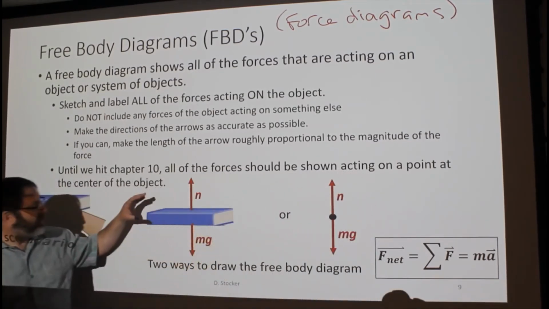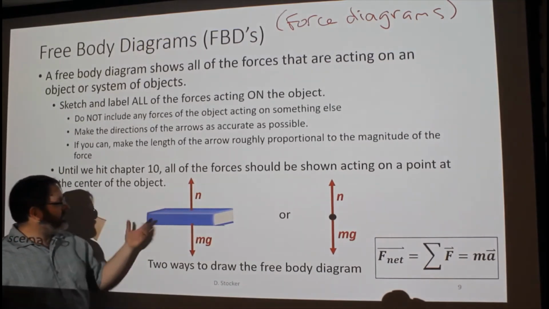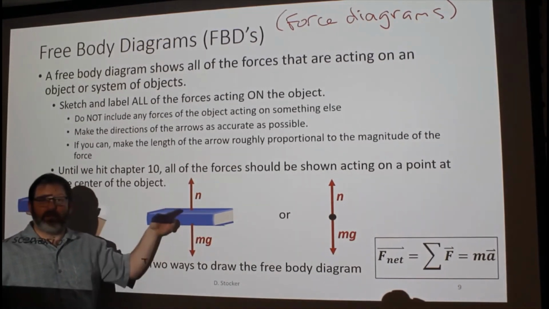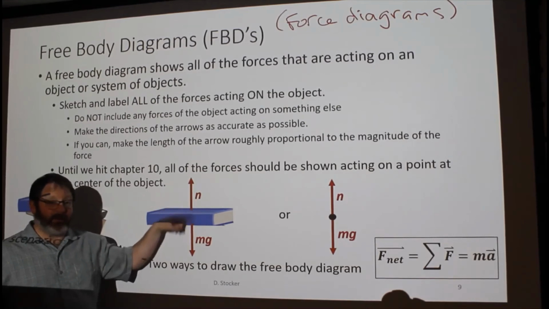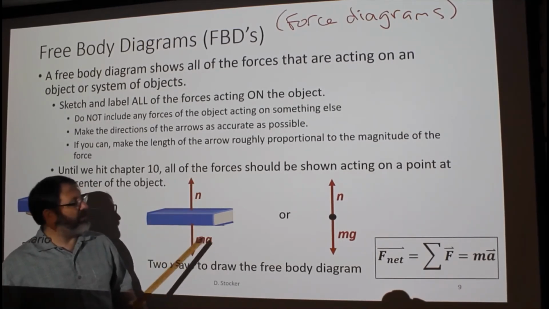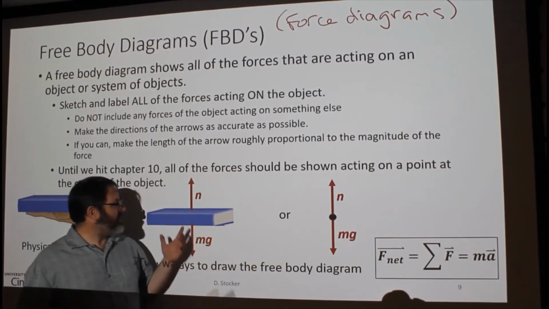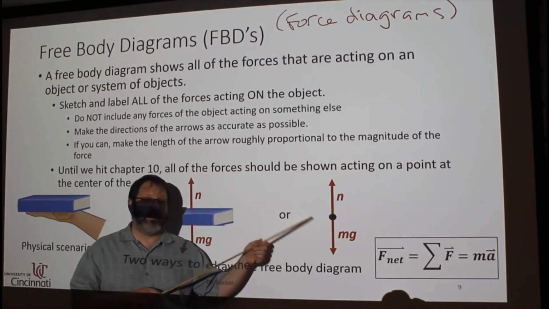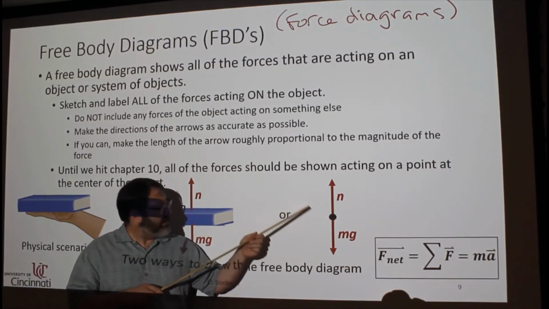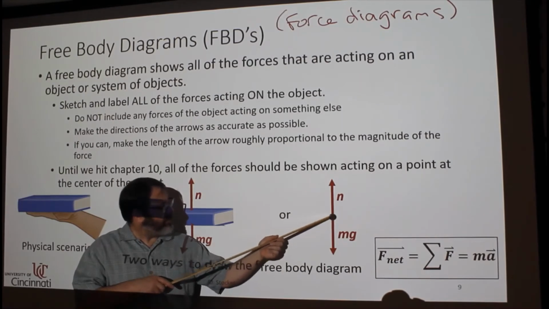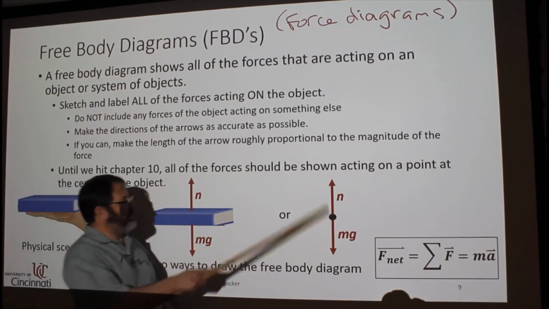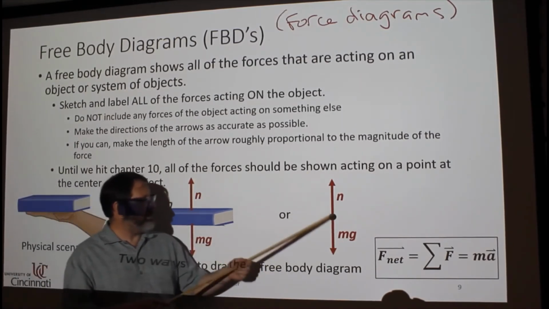So you can draw a free body diagram as the object itself with arrows representing the forces, labels on the arrows, or the simpler way to do it is to say, okay, this dot represents the book. Then, with the dot representing the book, there's a normal force up and there's a gravitational force down.